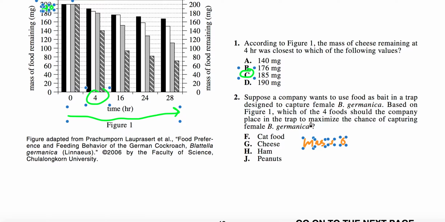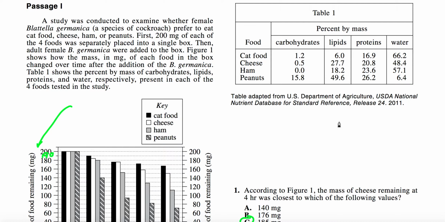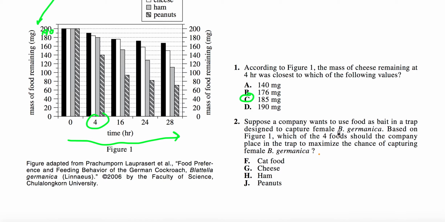If the mass of food remaining is low, that means the cockroach keeps coming back to it, so we'd want something that would minimize the mass of food remaining.